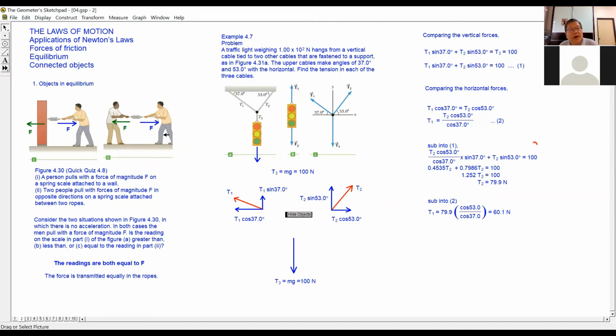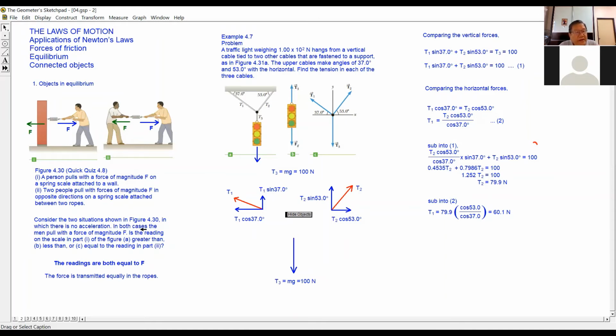That is the reason why the spring balance is not moving. So they ask the question now: consider the two situations shown in figure 4.30, in which there is no acceleration. In both cases, it is not moving with acceleration, neither is it moving with constant velocity. It's not moving at all.